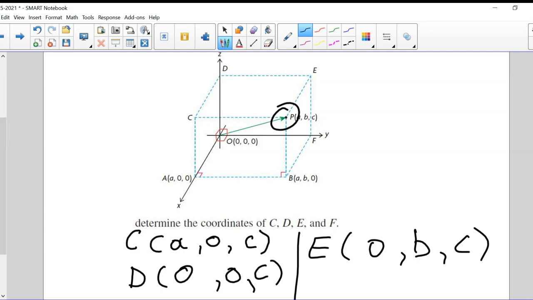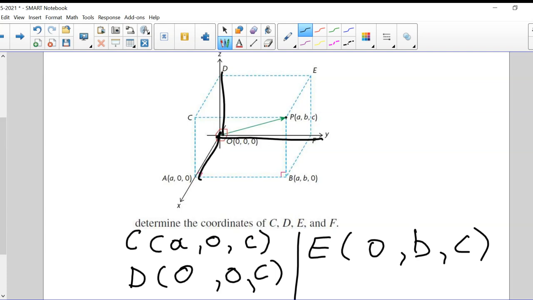If I'm only going to go along one axis, let's do it this way, Ariana. If I just went along one axis, I could either go from here out to here, from here to here, or here to here. That would mean that I've only traveled along one axis. So it means that the other axes would be 0.